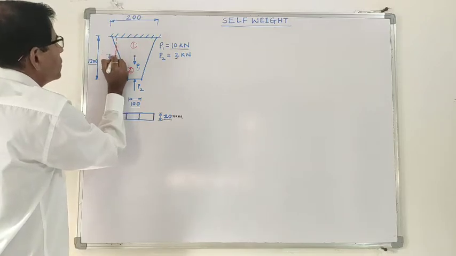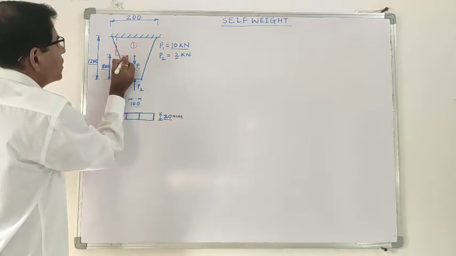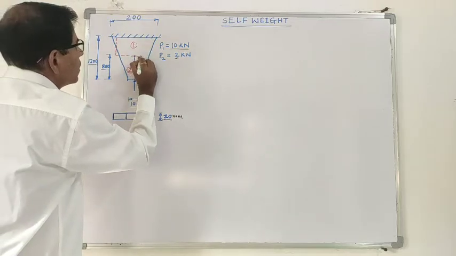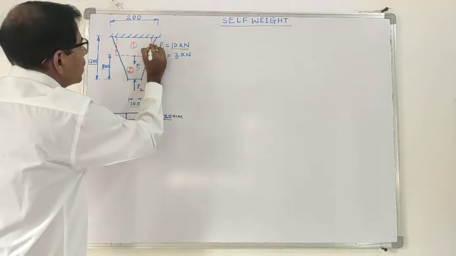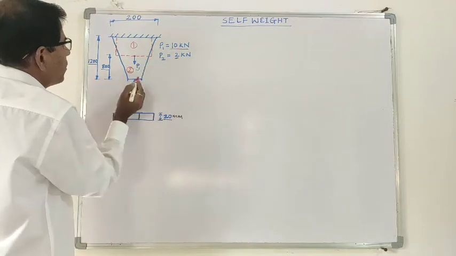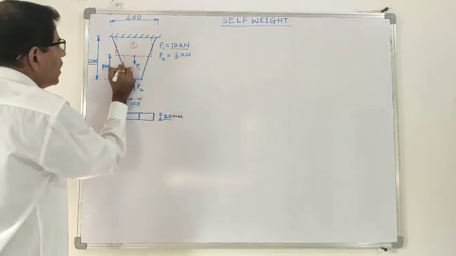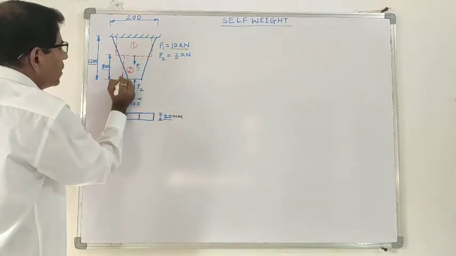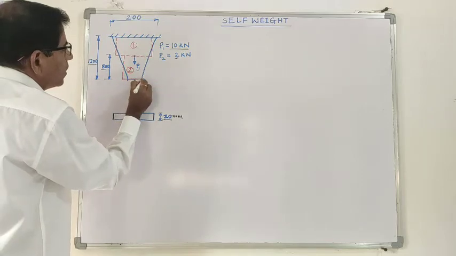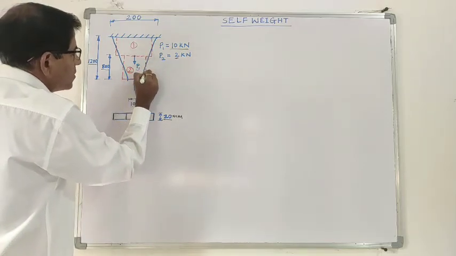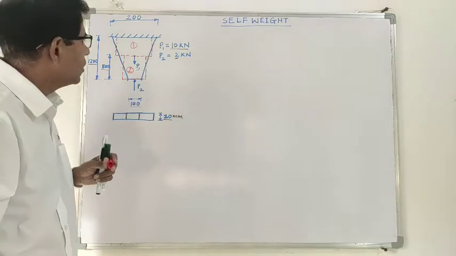So what we'll do is convert it approximately into two sections. This is step number 1, and this is step number 2.